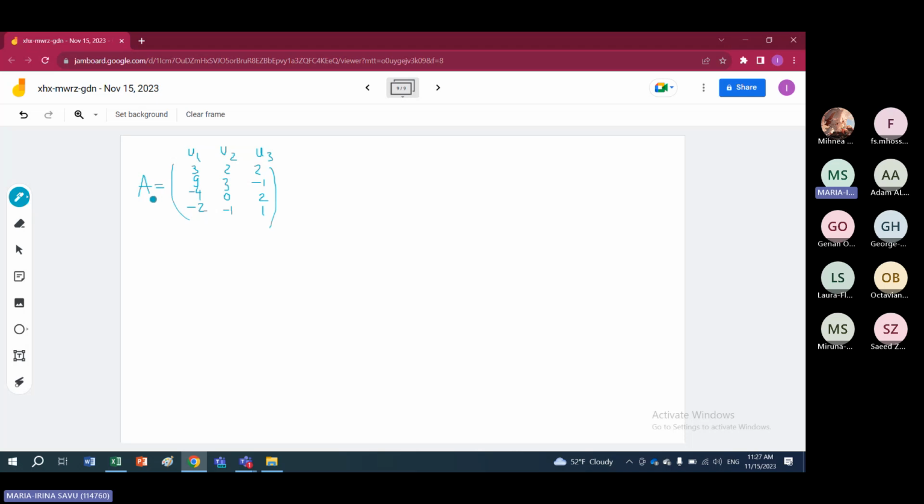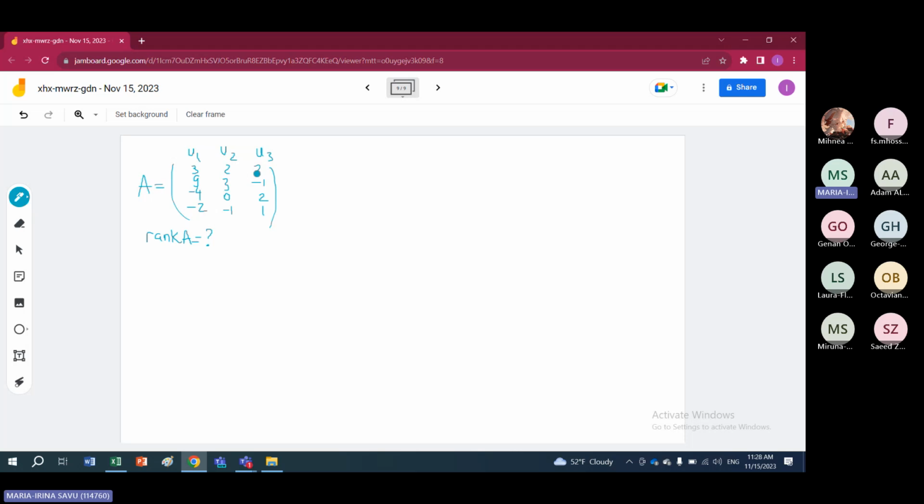The maximum value for the rank of A is 3. Okay, I still want to find the rank of A. How do I find, in this case, the rank of this matrix? Well, this matrix has 4 lines and 3 columns, so I cannot compute a determinant for it.